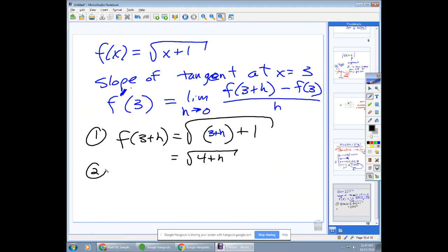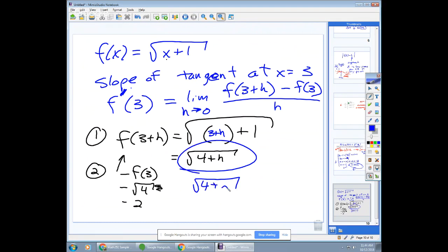Okay, step 2, I need to, from that, subtract f of 3. So if I plug 3 in for x, that means I have to subtract the square root of 4, which is 2. So I need to subtract the 2.